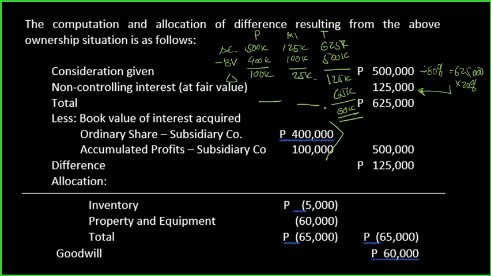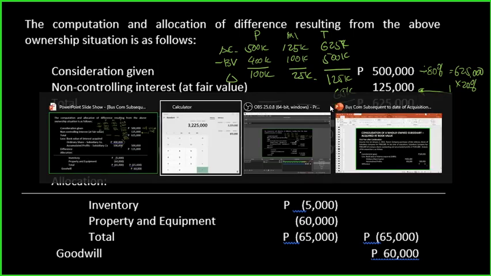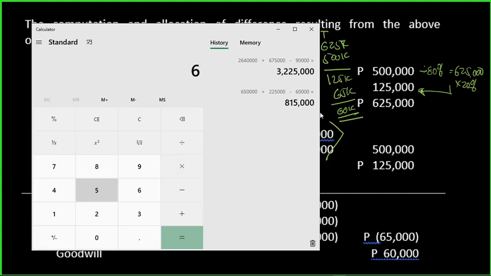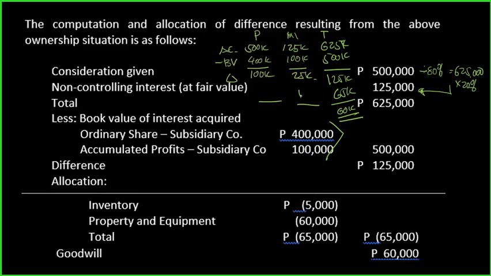Naku, di na kaya ng powers ko. 65 times 20% lang pala. So you have 13,000. 25 minus 13, this one will be minus yun. Ayan, this one will be 12,000.